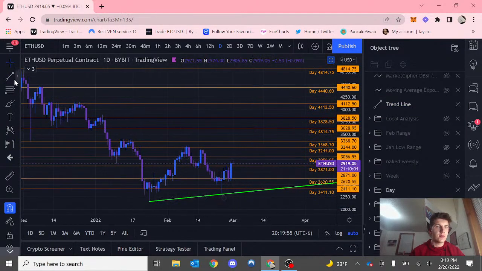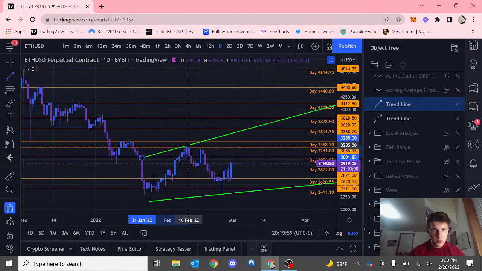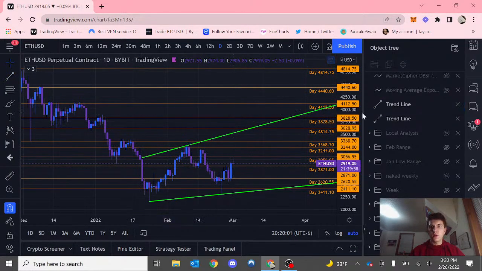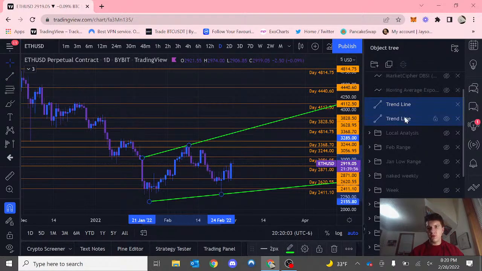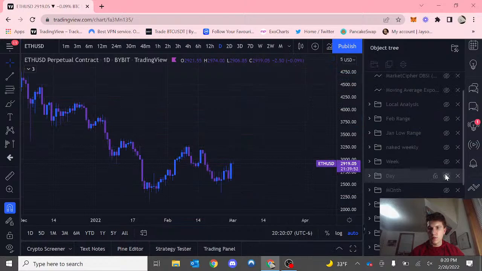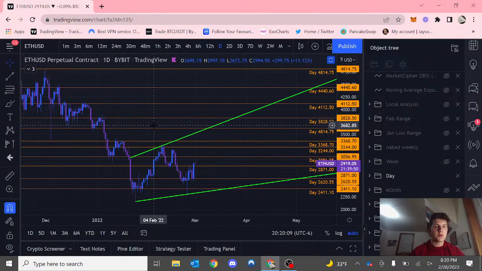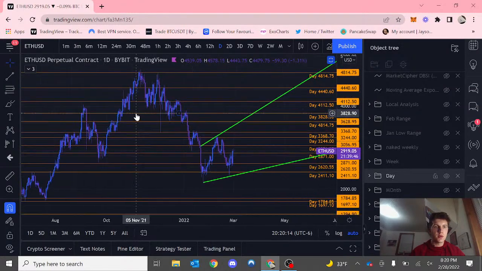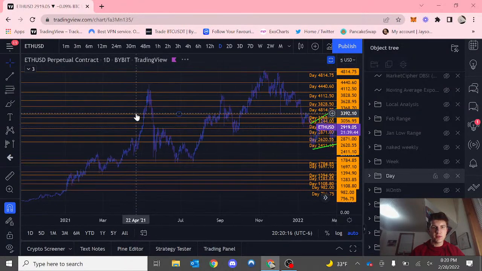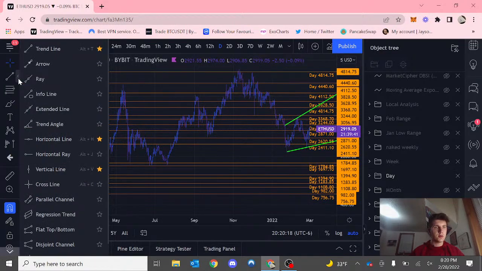See if Ethereum respects that trend line. Same as for a resistance trend line, so better yet, let's see if we can do a parallel channel on Ethereum. I don't know if it's gonna respect it as well, but we'll go find out.